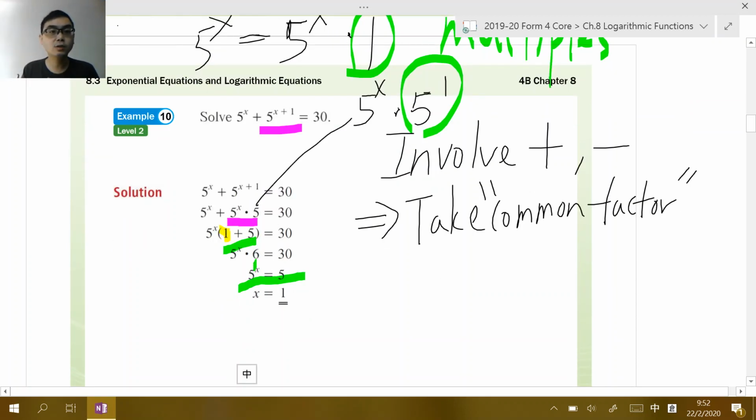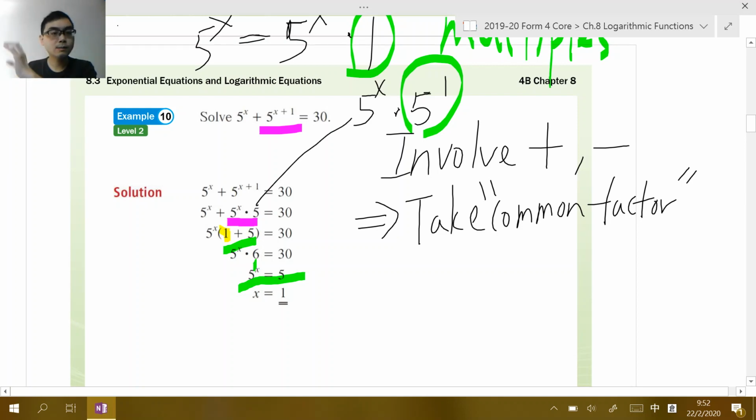And the common factor actually is something power x, or the base to the power x. But the most important thing is that we have to see which numbers are the multiples. The numbers which are called the multiples are simply the terms without any power of x or any power of a variable.